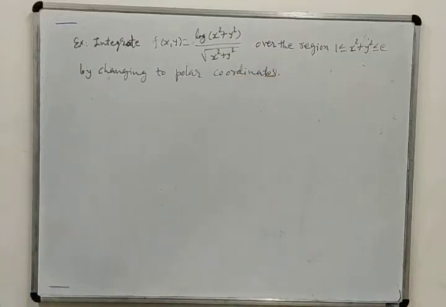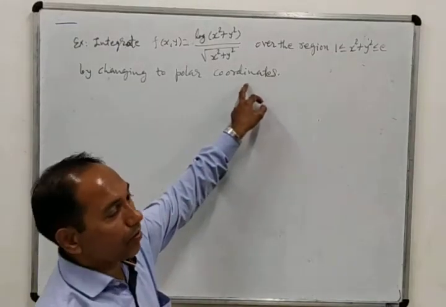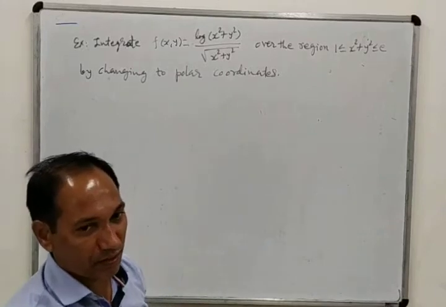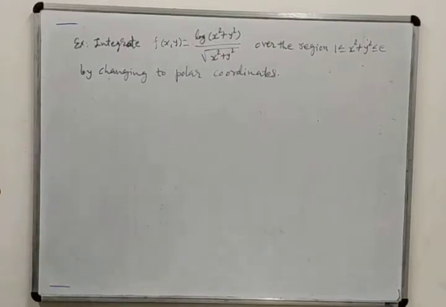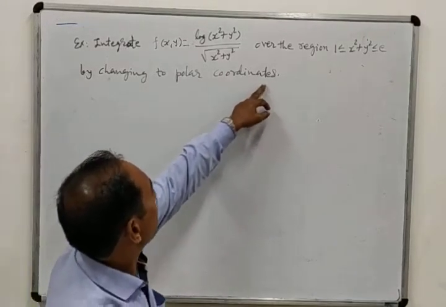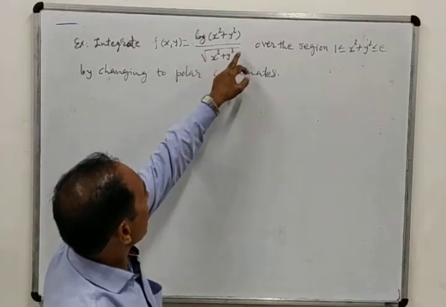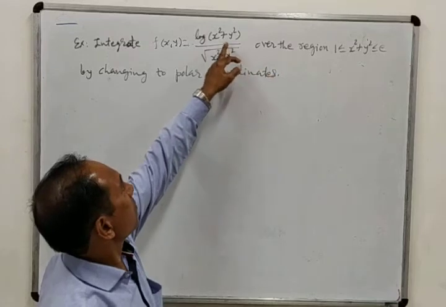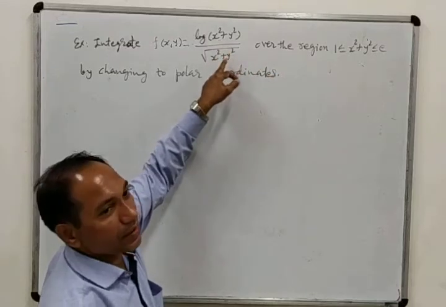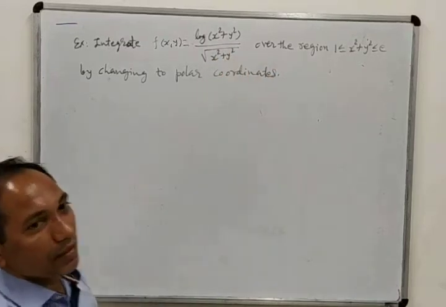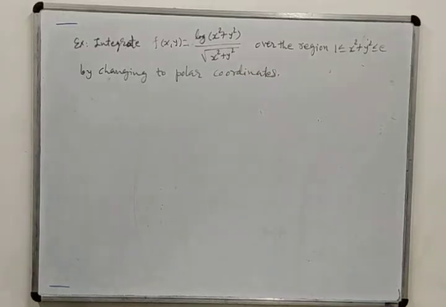So see here, in this example, it is directly given to convert into polar coordinates, so we must follow this process. However, even if this sentence is not given, we would still have to use polar coordinates, because by looking at the function, you can see the direct integration is very difficult. It seems to be not possible. So we need to convert this into polar coordinates.